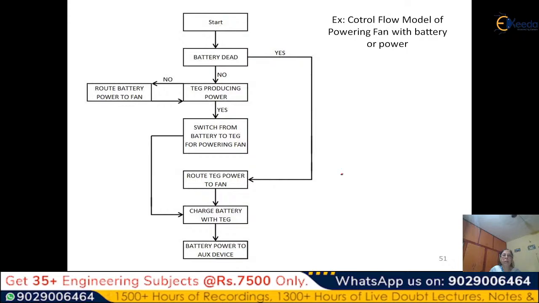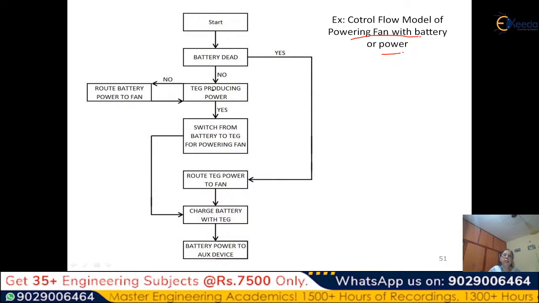This is one example of a control flow model of powering a fan with battery or power. Depending on the situation, the behavior will be different, so there will be different paths to it. If the battery is dead, then we can't give battery power, so we go to the normal power and put on the fan.